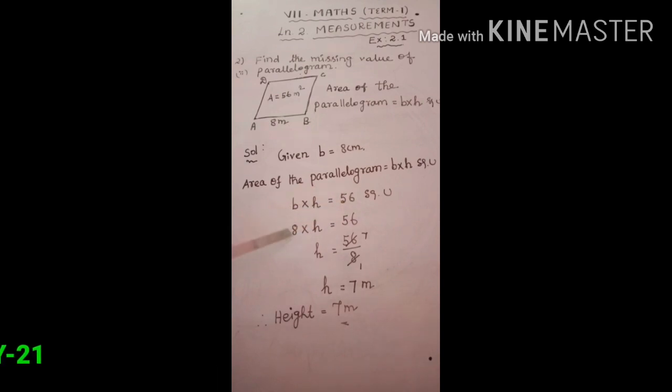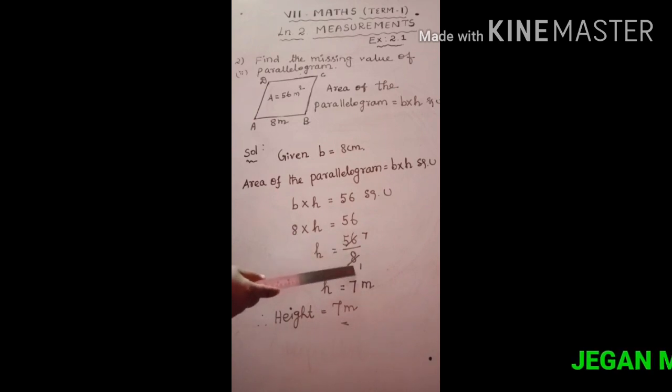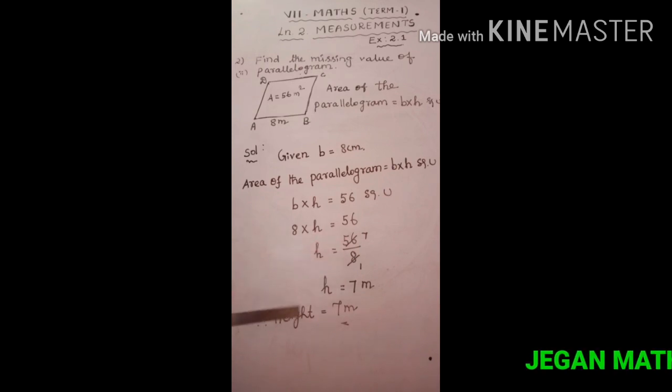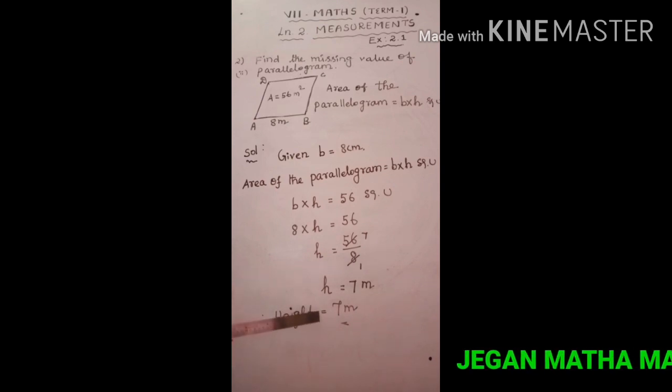Then we substitute base as 8, so 8 multiplied by height is equal to 56. The multiplied number goes to the other side and becomes division. So height is equal to 56 divided by 8. 1 8 is 8, 7 8s are 56. So height is equal to 7 meter.